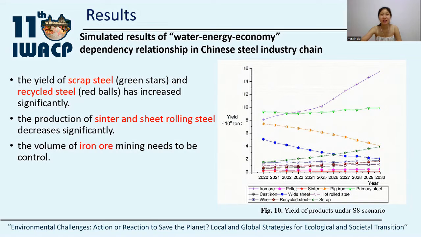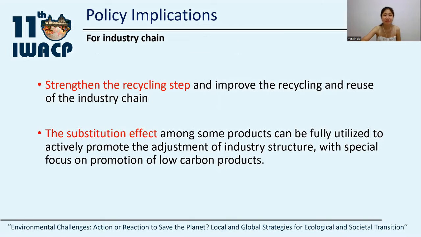Except this, the value of iron ore in this scenario is going really high. We could see that this purple line is not good for sustainability because mining it will damage the environment. Therefore, maybe in the future, people need to focus on controlling the mining of iron ore.